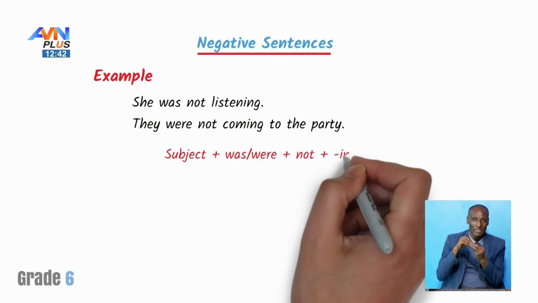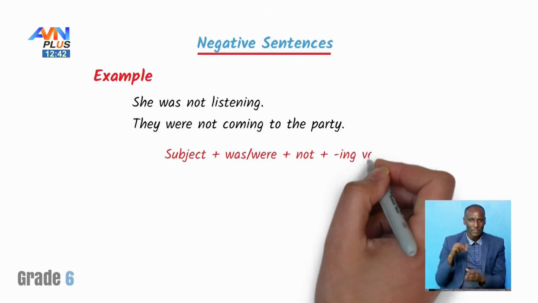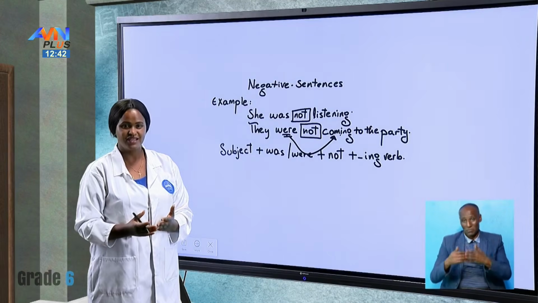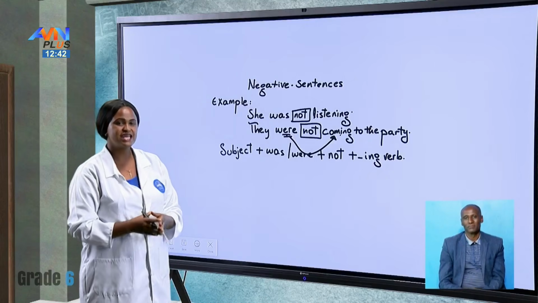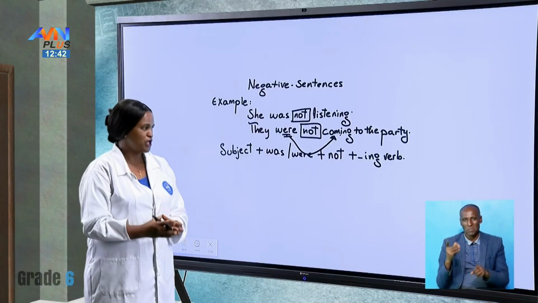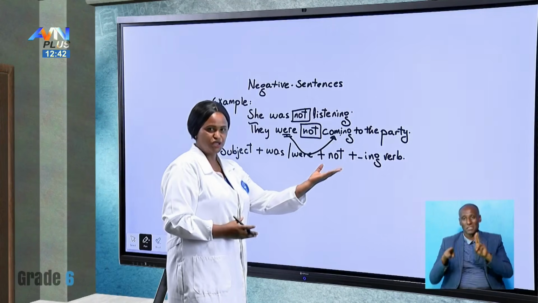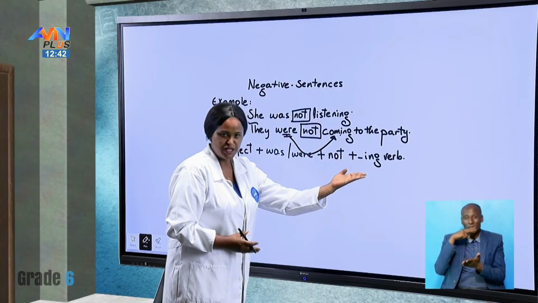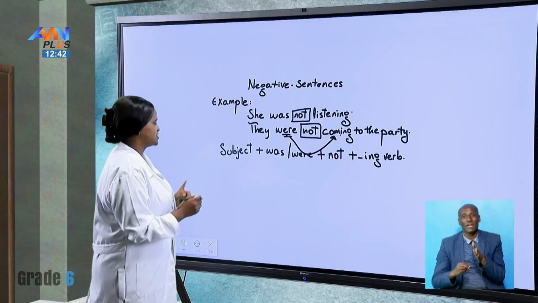Plus, always in a continuous tense, our verb form is what? ing verb. That's simple, right? Yes, you can simply make a sentence negative by putting the word not between the auxiliary and the main verb. Now I will give you some practicing exercises.